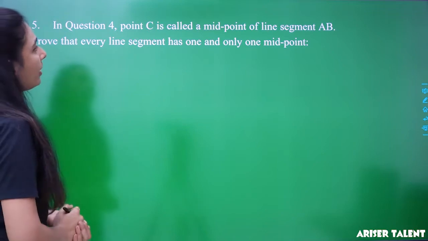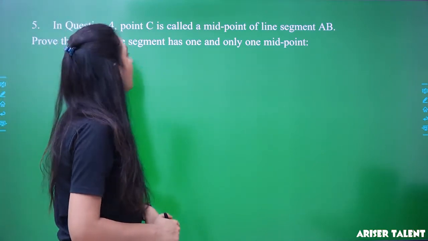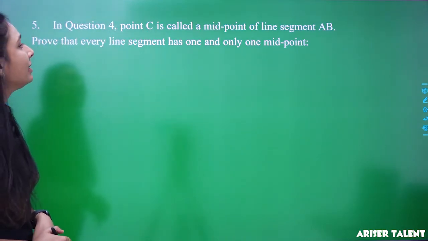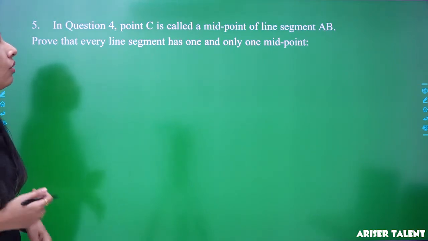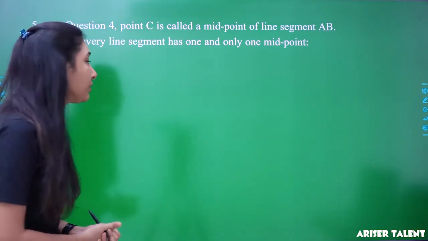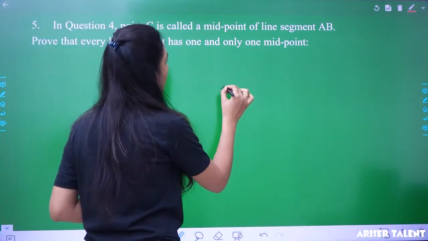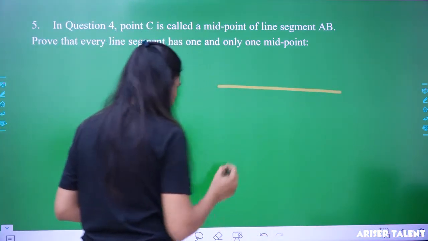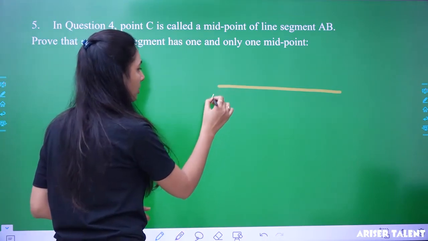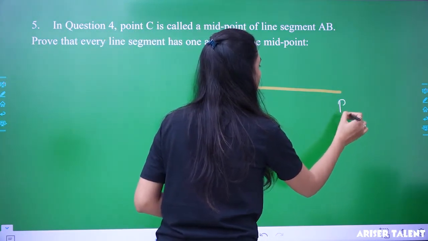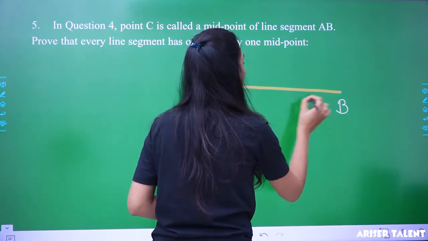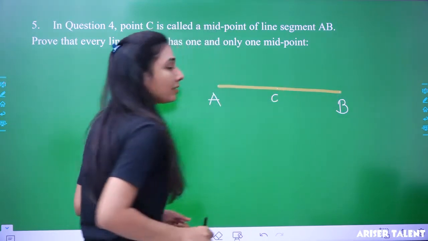In the next question, point C is called the midpoint of the line segment AB. Prove that every line segment has one and only one midpoint. So, as in the previous session, we have a line AB and a point C as the midpoint.